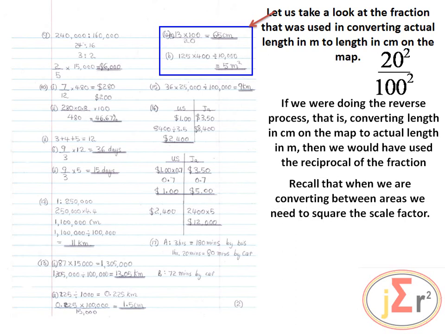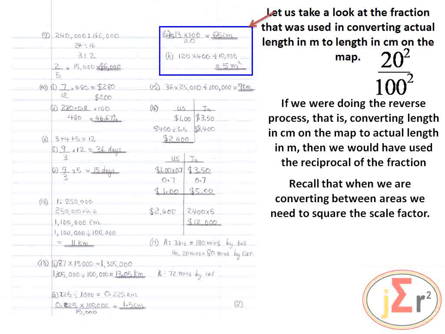first of all, we used a fraction to convert length in actuality to length on the plan. Therefore, to convert from length on the plan to actual length, we would do the reciprocal of that fraction, and that we have done.